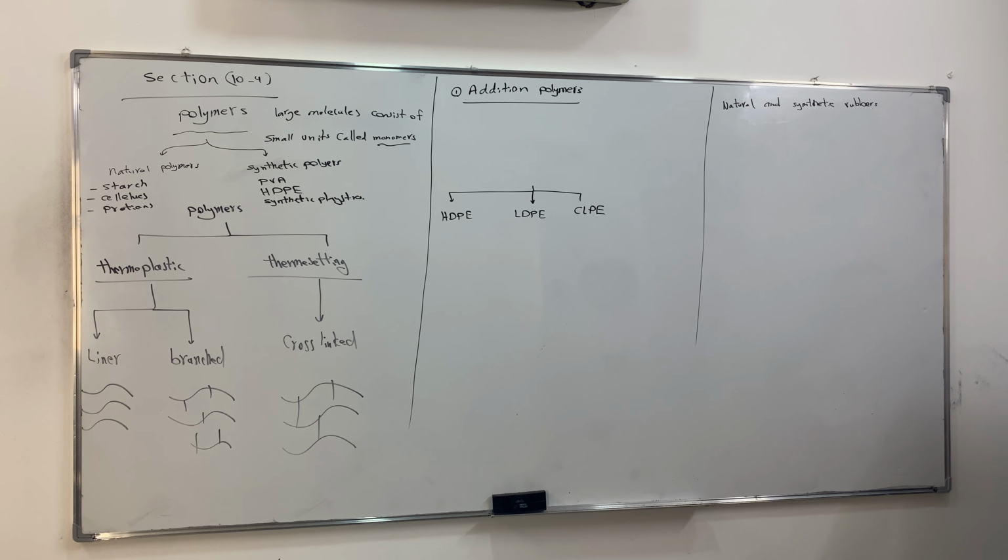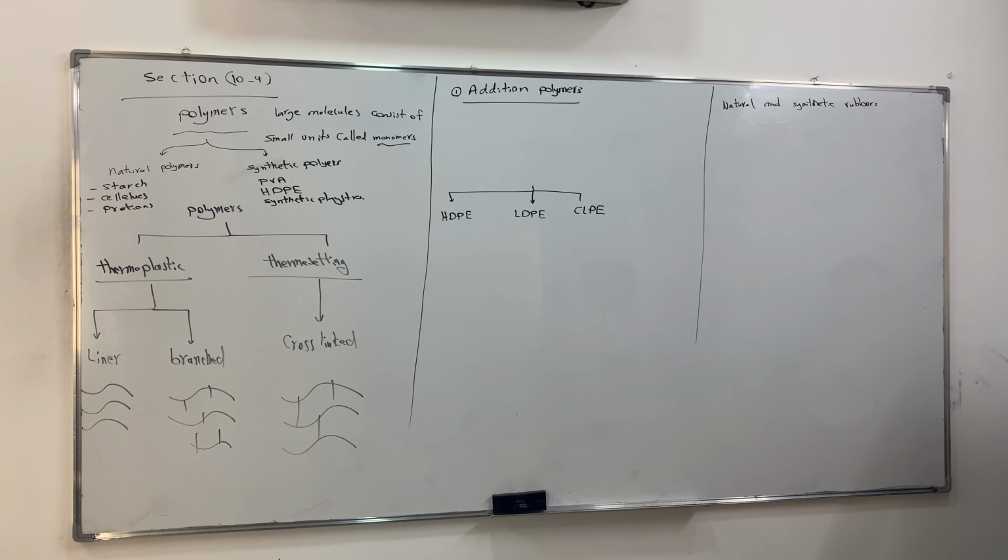In cross-linked polymers, adjacent molecules have formed bonds with each other. Individual molecules are not able to slide past each other when heated.